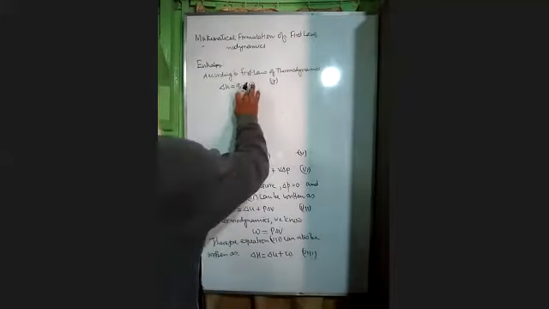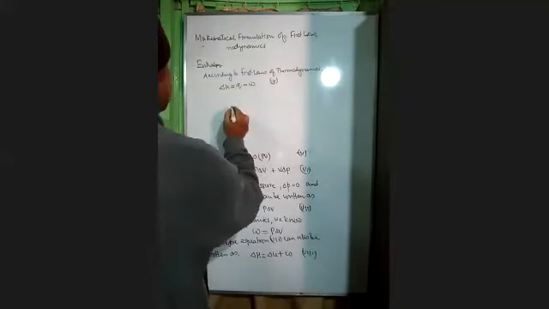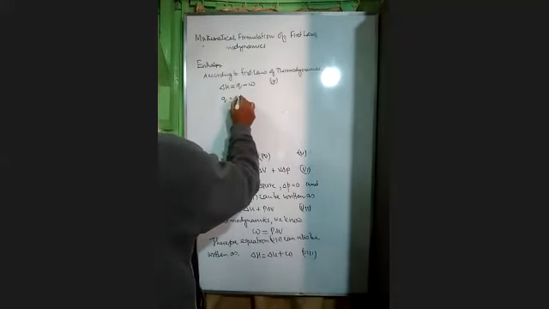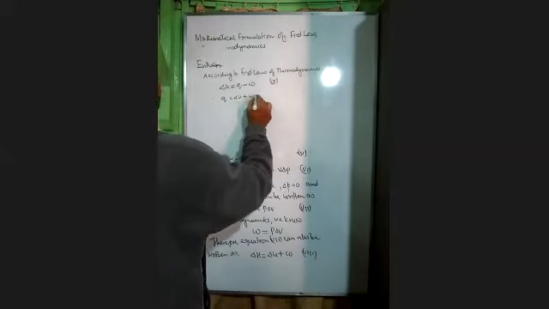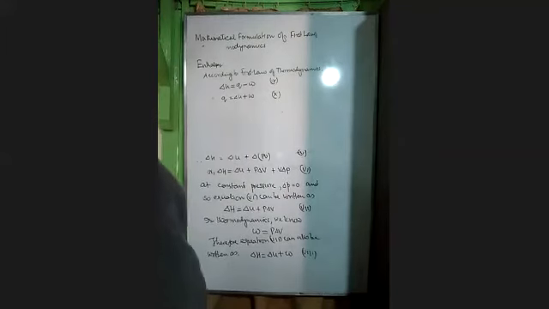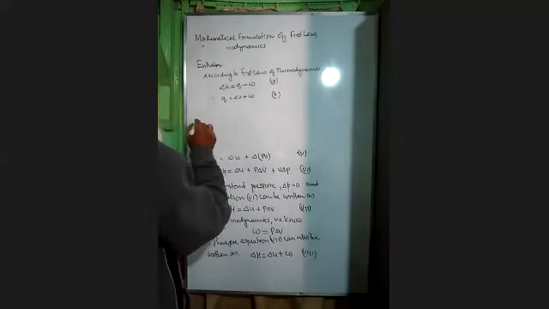The expansion is going on. No, sorry. Therefore, Q is equal to delta U plus W. Okay, now I'll write.